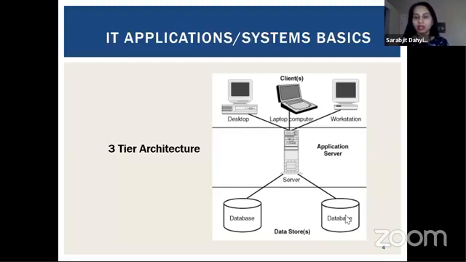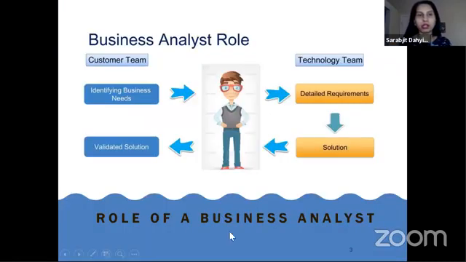Your role, as we mentioned over here, is to work on this side of the field with business teams, making sure you're capturing those business needs and documenting them appropriately so that the IT teams, your architects, your programmers, your business systems analysts, can convert the business needs into the detailed technical requirements and identify a solution.